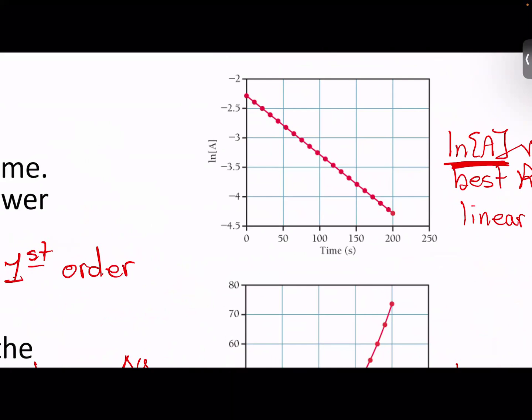So I'm going to use this particular point, and I am going to use this particular point. Those look like 2 points where I can tell roughly the concentration as a function of time.